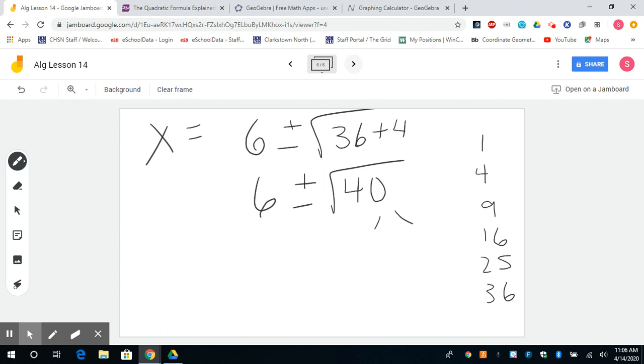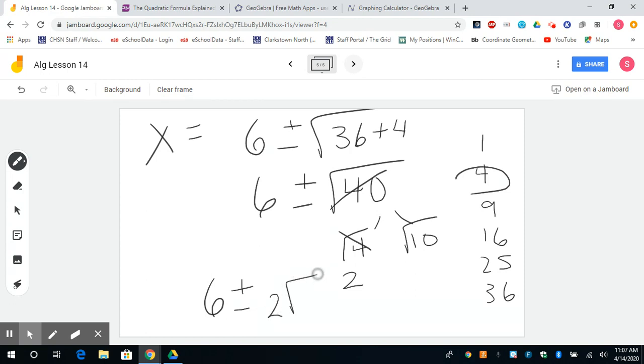See if one of these can go into 40 when you multiply. So radical 40 can be broken down to radical 4 times radical 10. Radical 10 is not a perfect square, cannot be simplified into any perfect squares. The only numbers that multiply to 10 are 5 and 2, and 5 and 2 cannot be simplified, so we're going to leave radical 10. Radical 4 simplifies to 2. So your final answer will look like 6 plus or minus 2 radical 10.